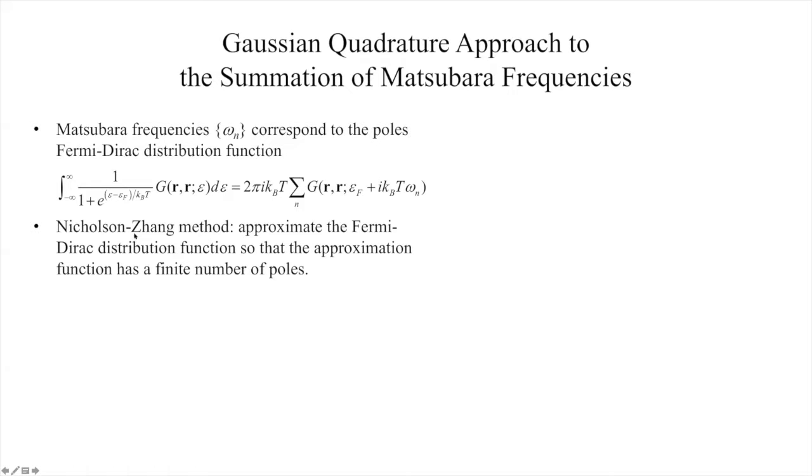Then Nicholson and Johnson, maybe 10 or 20 years ago, proposed a method to approximate this Fermi-Dirac function by a different function which has finite poles.